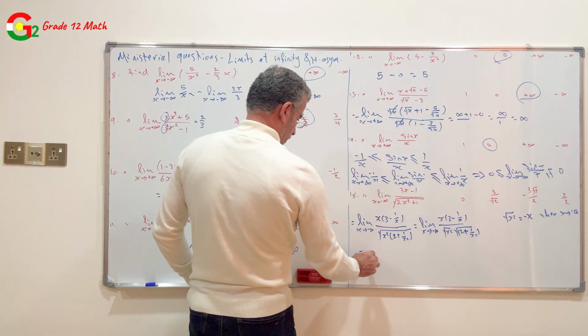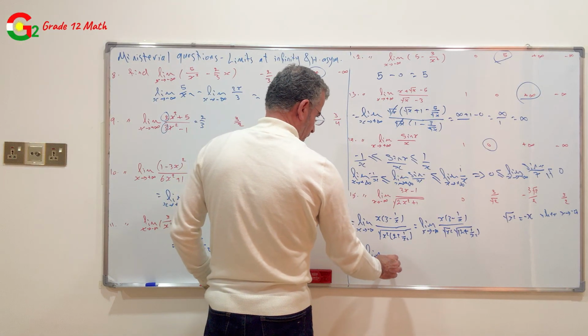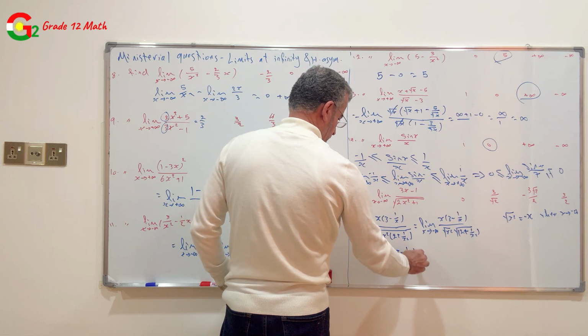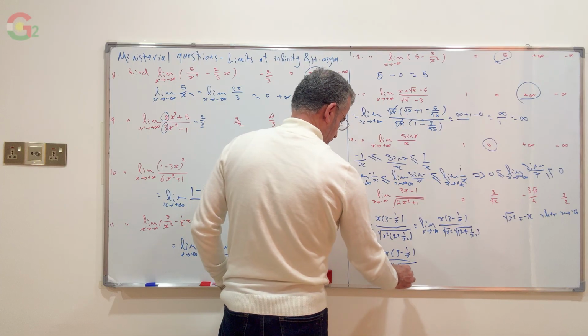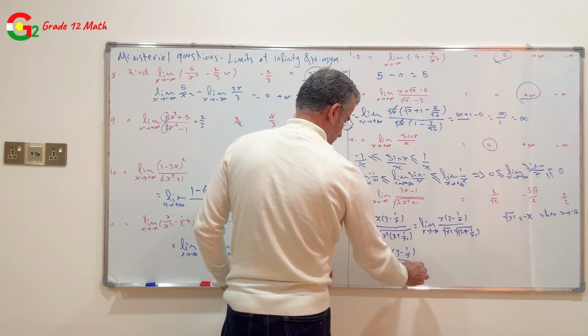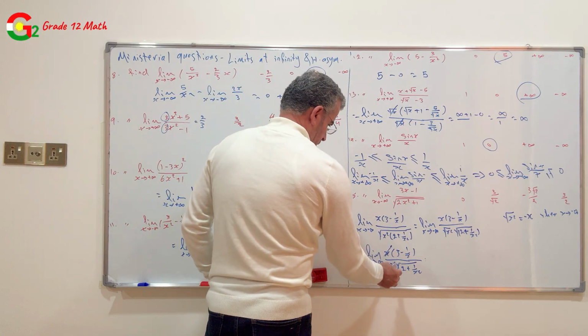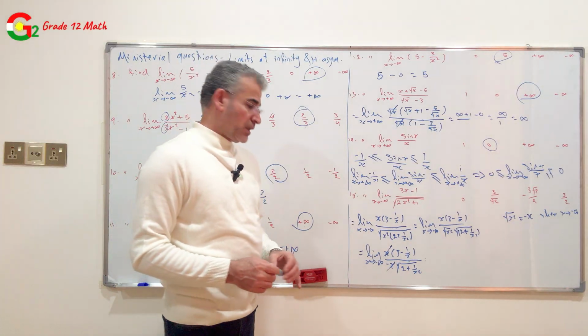Therefore, the limit will be limit as x approaches negative infinity of x times 3 minus 1 over x, over negative x times square root 2 plus 1 over x power 2. Reduce x with x, and substitute every x with negative infinity.